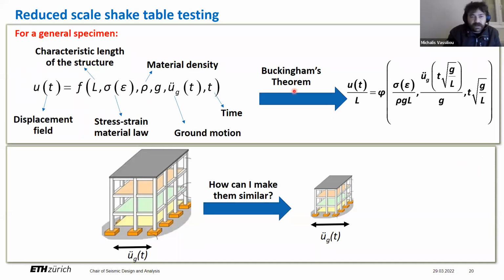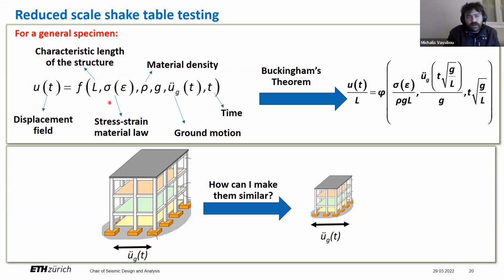So what do people do when they reduce the scale of the specimen? You need to preserve similitude. And to preserve similitude, you write down your response as a function of the parameters that govern it. So this is the displacement response, and it is a function of a characteristic length of the structure. Assuming that you have a linear material, the stress-strain material law.